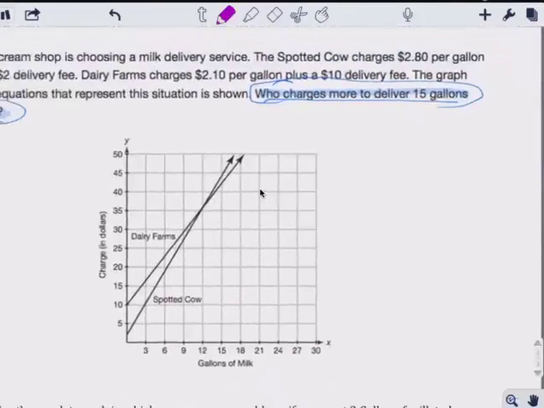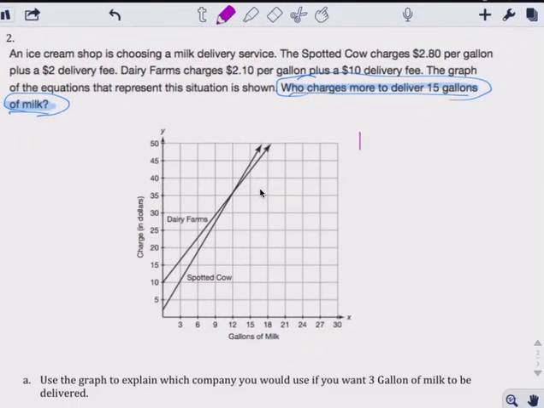Okay. Well, look, Dairy Farm. I'm going to color Dairy Farm in blue, and I'm going to color the other one in pink. Okay. Now, let's look at Dairy Farm.